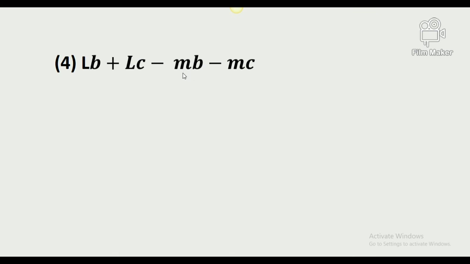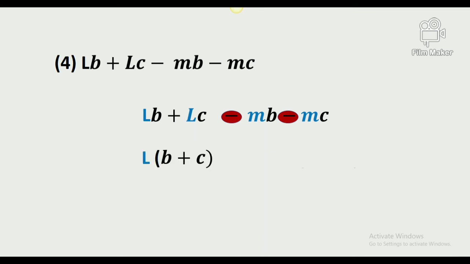The common factor here is negative M. Negative MP, negative MC. So we will take the common factor L here, and the remainder will be P plus C, and we will take the common factor negative M here, and the remainder will be P plus C.